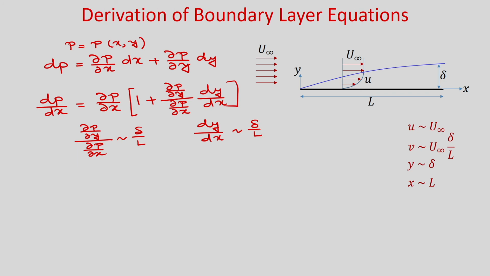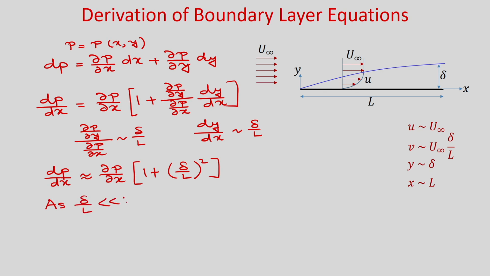So it will be (δ/L) whole square. So dP/dx will be ∂P/∂x times (1 + (δ/L)²). As δ/L is much smaller than 1, we can write that dP/dx is ∂P/∂x.